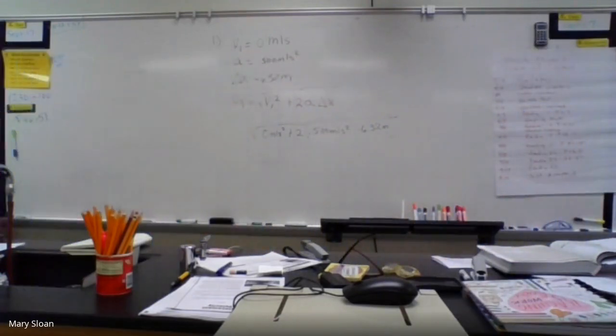Now, what mode do we need to be in? Radian. Why radian? Let's do normal, because we're not trying to find any degrees. So we're going to do square root.